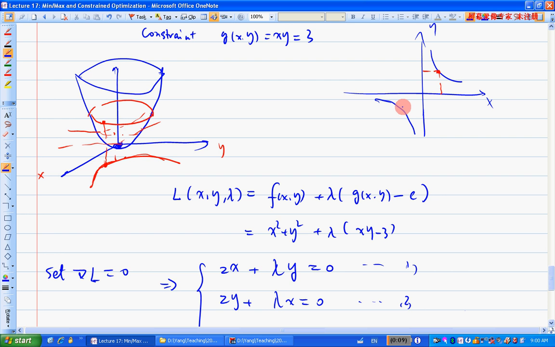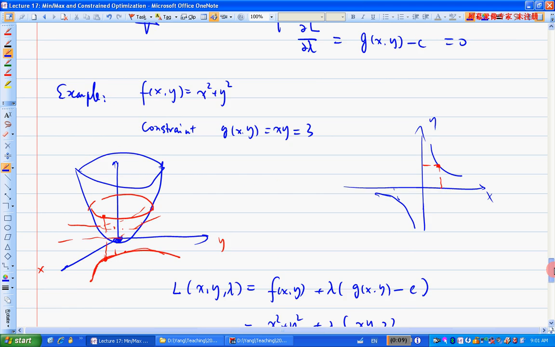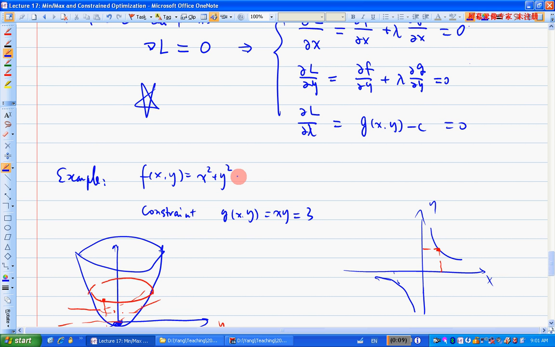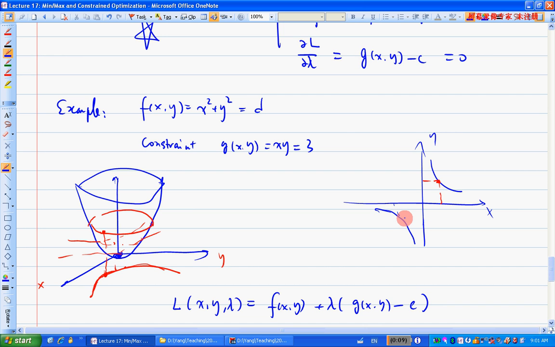That level curve is going to be, well, first of all, when you slice this surface with z equal to a constant d, you end up with a level curve, which is what? A circle, right? So at the critical point, you end up with a circle that is tangent to the constraint.